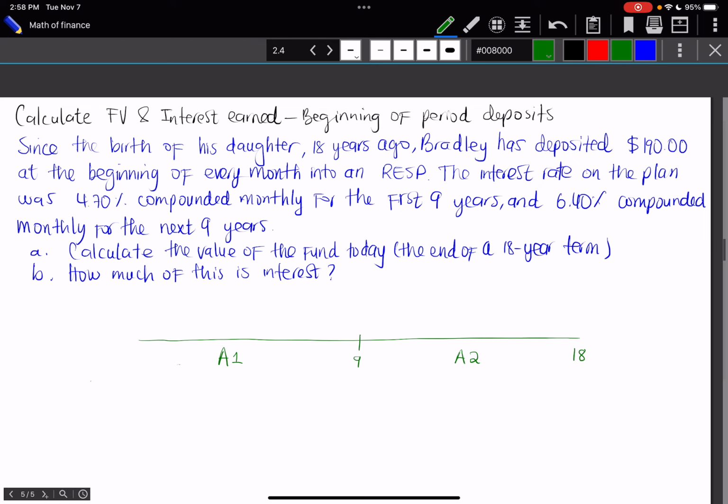Now, for annuity 1, payments are made at the beginning of each payment period. The payment period is monthly, so we have monthly payments that are made at the beginning. The amount of the periodic payment of the annuity is $190, so PMT is $190.